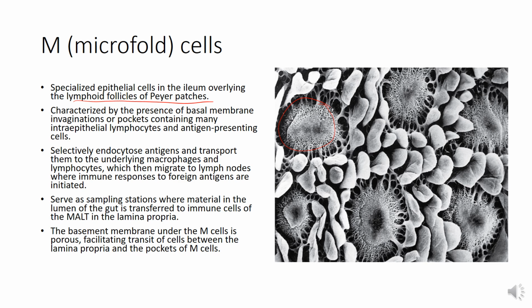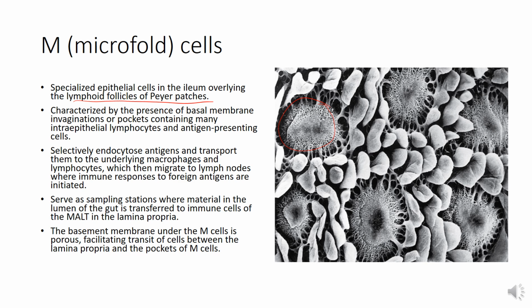The function of the M cells is that they are antigen presenting cells. They endocytose those antigens, mostly bacteria that manage to reach the intestinal lumen, and pass these on to the dendritic cells lying in the pockets on the undersurface of the M cells. The dendritic cells process the antigen and present the epitope to the neighboring helper T lymphocyte.